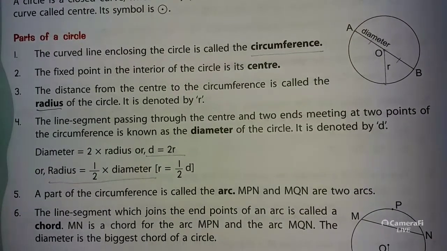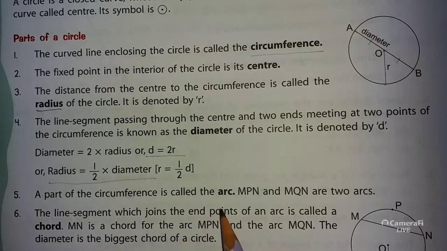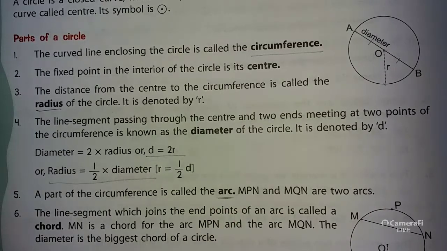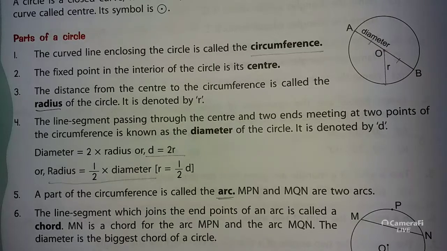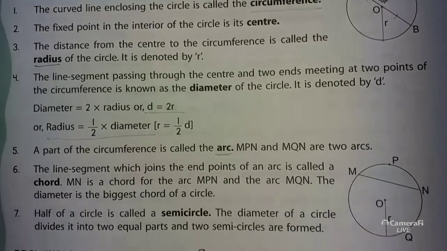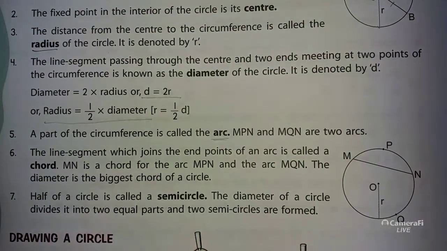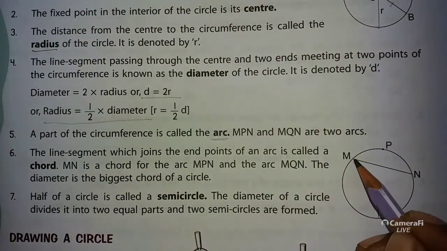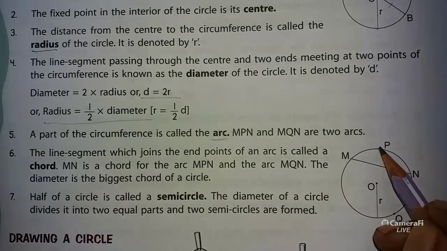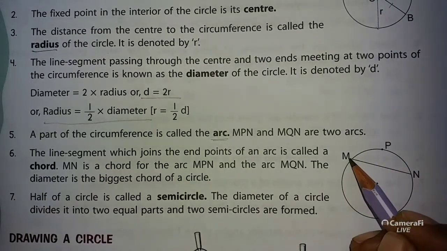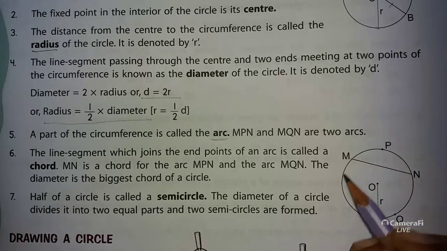Okay. Next is arc. What is an arc? An arc is a part of the circumference. This is the circumference in the figure. Beside there is a figure C, and if we take this point M and point P, this curved part is taken out from the circumference.